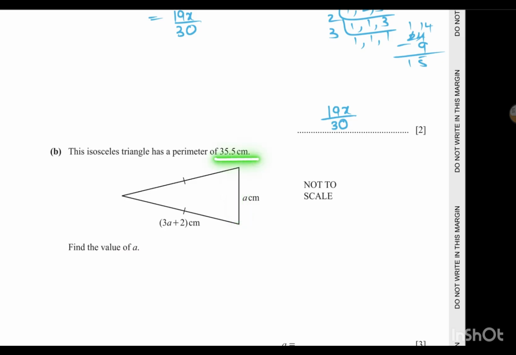They have given us the perimeter. So we'll add all the sides for perimeter. 3A plus 2 plus 3A plus 2 plus A is 35.5 centimeters. So 3A plus 3A is 6A plus A is 7A, plus 2 plus 2 is 4, is equal to 35.5.